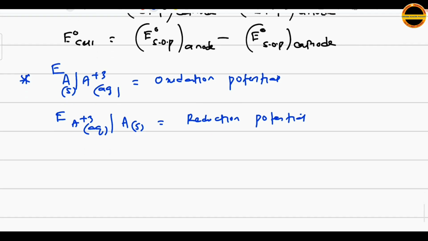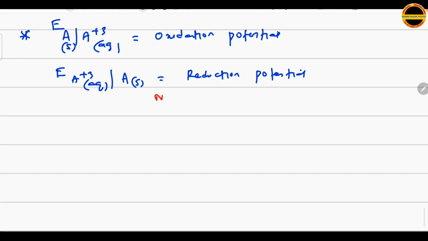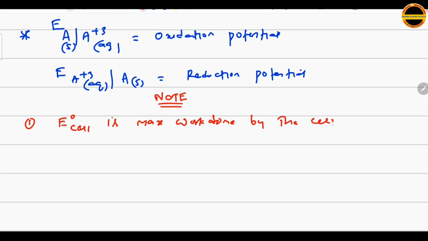Here, write one important statement. E naught cell, you can say EMF or E naught cell, is the maximum work done by this cell.